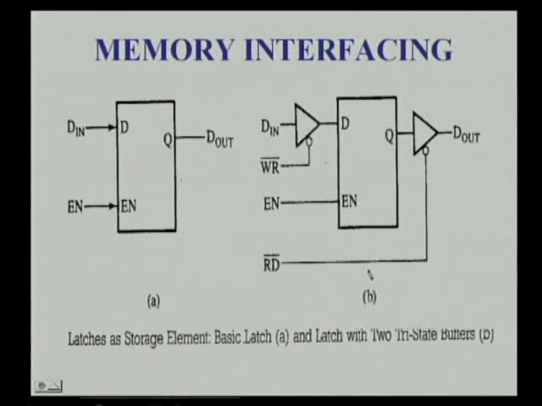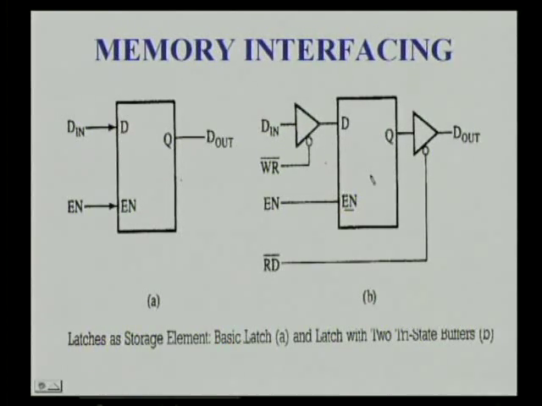And in the next figure we have the same latch with tri-state buffers, that is, its input and output are controlled. Input is controlled with the write bar signal and output is controlled with the read bar signal. When the processor wants to write a bit into this particular latch, first by using the address it enables this latch, and then it sends the write bar signal, so that whatever data is available here will be stored in this latch.